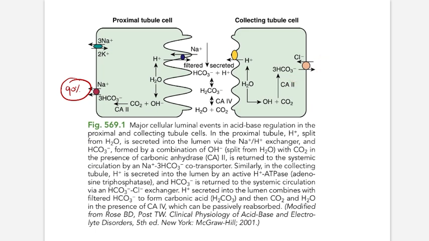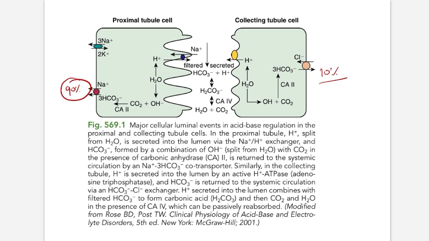It is actually less common, about 10% of cases. So we have seen bicarbonate absorption via the proximal tubule and the collecting duct. Now the remaining H plus is secreted by the H plus ATPase pump into the lumen. In the lumen, H plus and the remaining HCO3 form H2CO3, and with carbonic anhydrase 4 they get divided into H2O and CO2 and get reabsorbed.